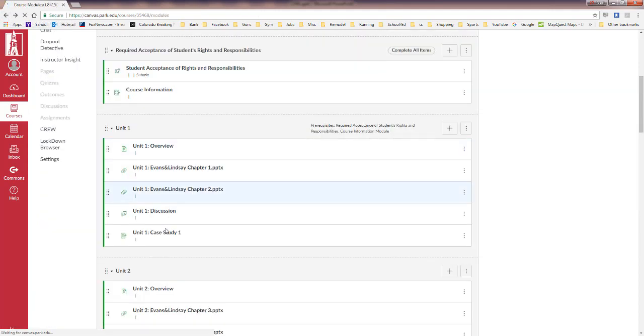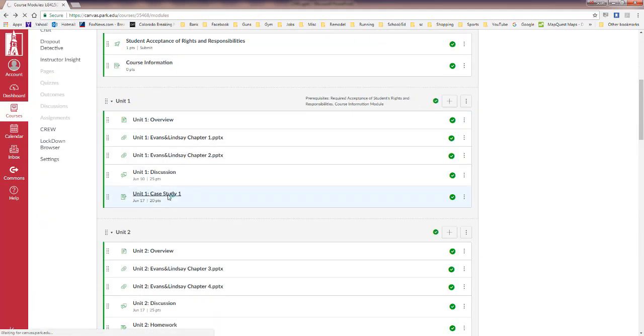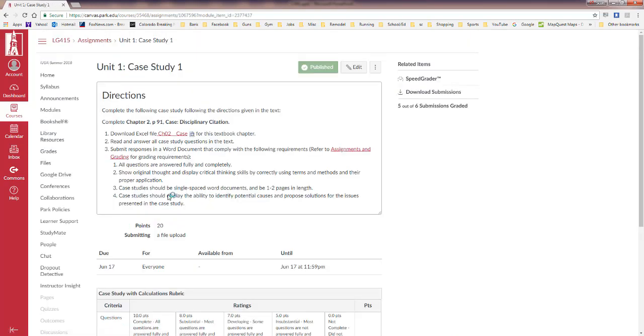Going back to the module, going back to the case study, make sure that you follow these directions to the letter. Okay, you must answer all the questions that are contained in the textbook that relate to the case study. These must be fully explained in a critical analysis. Do not repeat the question at the start of your narrative of your analysis.